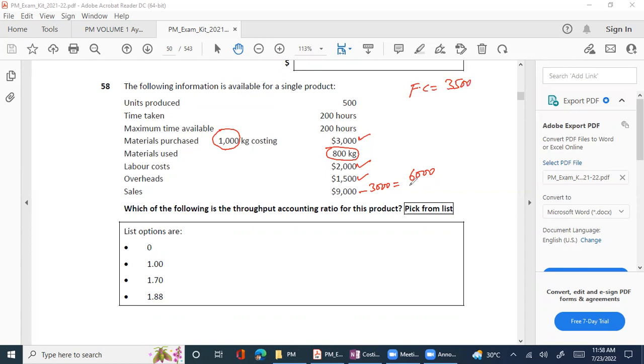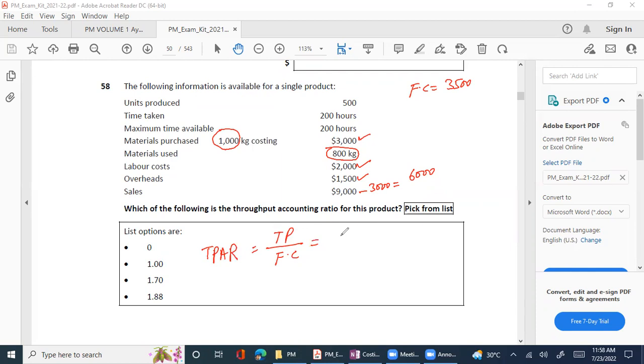And how many hours are there? Hours information of the bottleneck resource is not given. So if we do not have the bottleneck resource information for the time, we can simply divide the throughput by the fixed cost. Because previously, we divided throughput per hour by the fixed cost per hour.